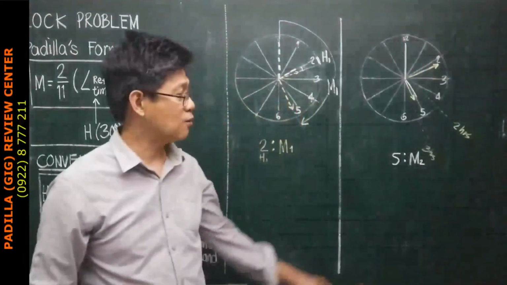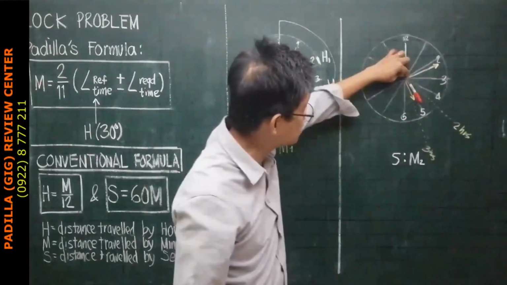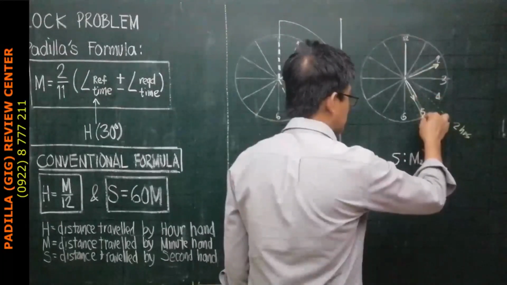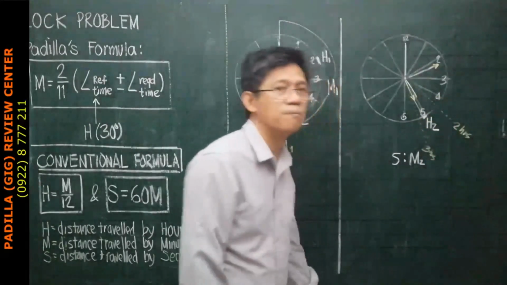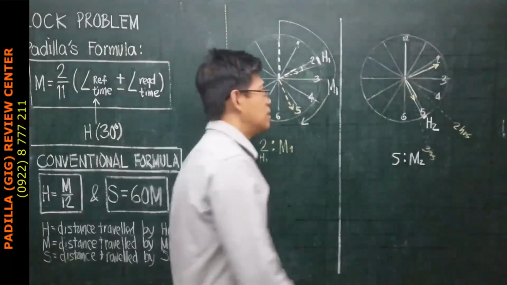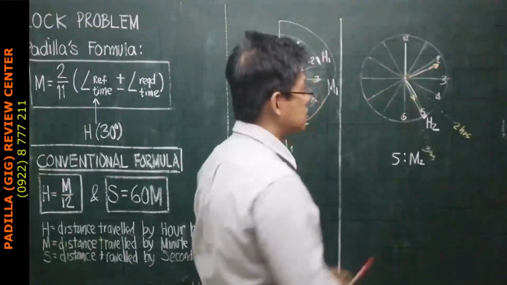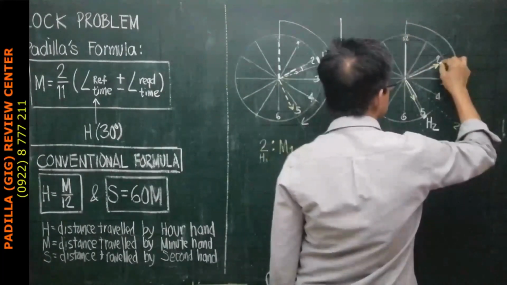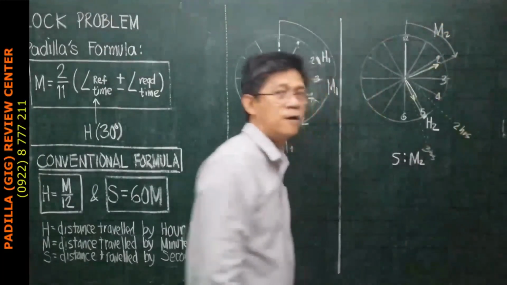From 5 o'clock to 5 M2, the distance traveled by the hour hand is from here to here. So therefore, this is going to be H2. Now, the minute hand traveled from here to here. So therefore, the distance traveled by the minute hand is this one. This is your M2. Okay?